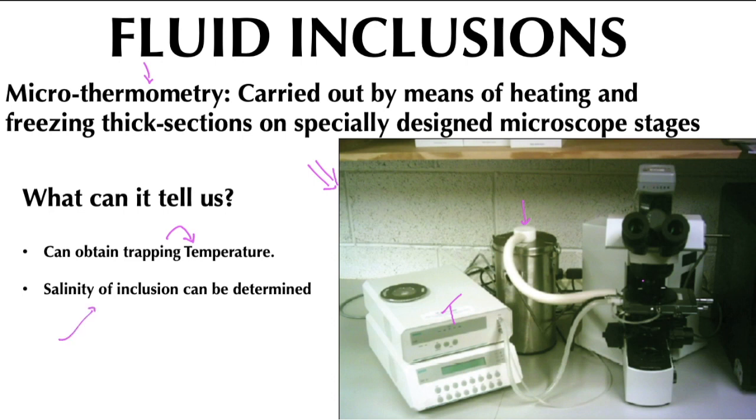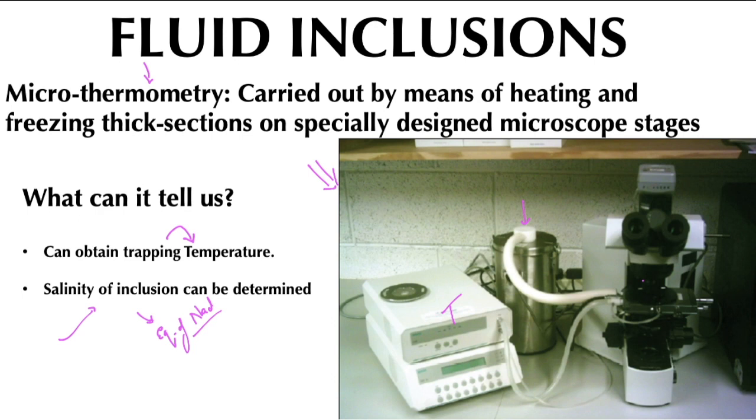Salinity means the amount of NaCl and KCl present, and this salinity is always given as equivalents of NaCl, just like the hardness of water is given in terms of calcium carbonate. Similarly, salinity is always given in terms of equivalents of NaCl.